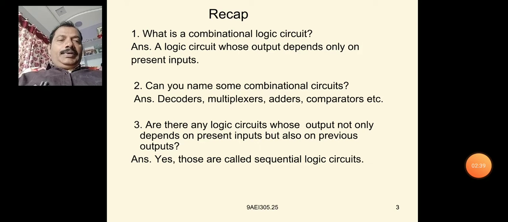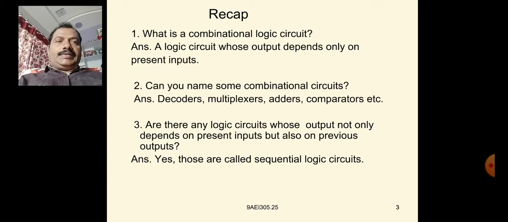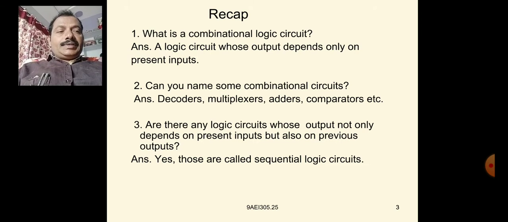And some combinational circuits are decoders, multiplexers, adders, comparators. Are there any logic circuits whose output not only depends on present inputs but also previous output? Yes, those are called sequential logic circuits. The sequential logic circuit is the objective of this lesson.